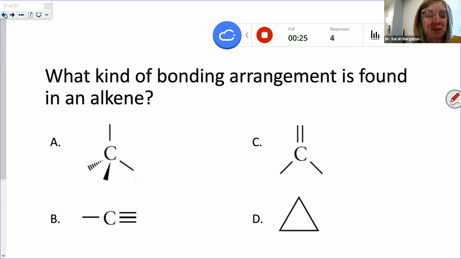Okay, y'all, put it on mute. If you don't have a question, put it on mute. All right, what kind of bonding arrangement is found in an alkene?